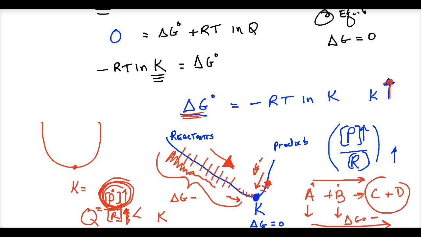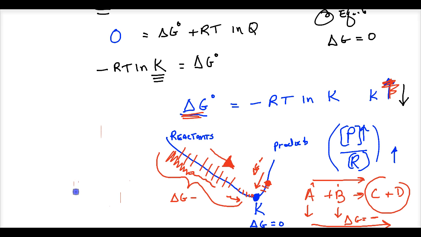Now, of course, the opposite is if you've got a small K, less than 1, this becomes a negative. Now delta G is positive. So if you've got a small K, that means you're kind of over here.